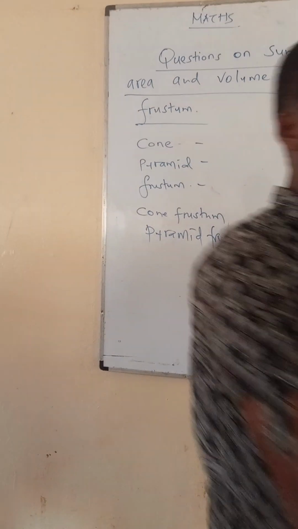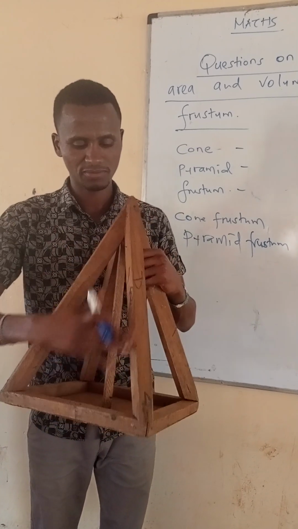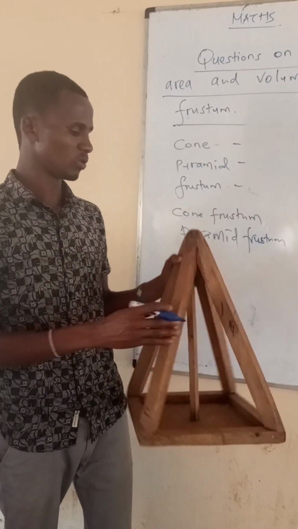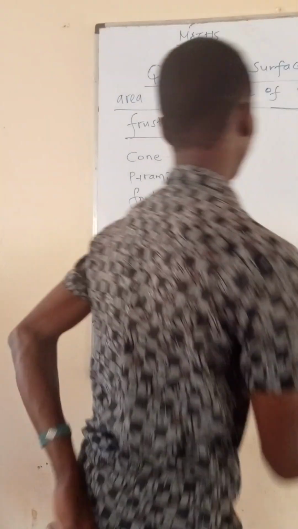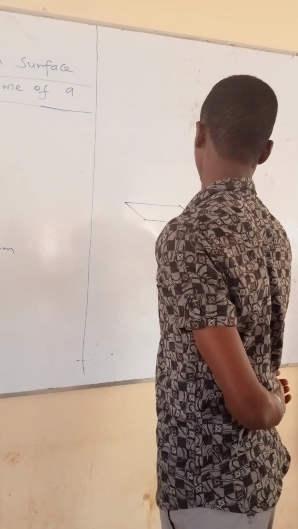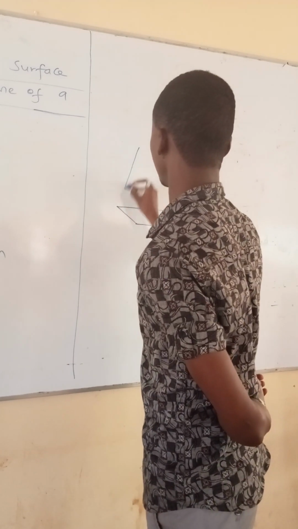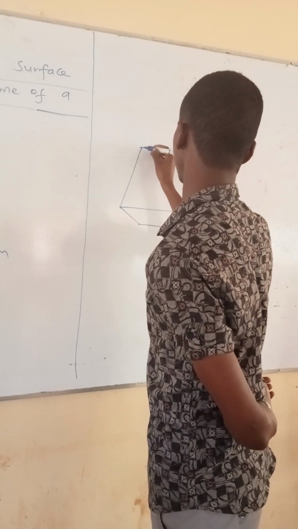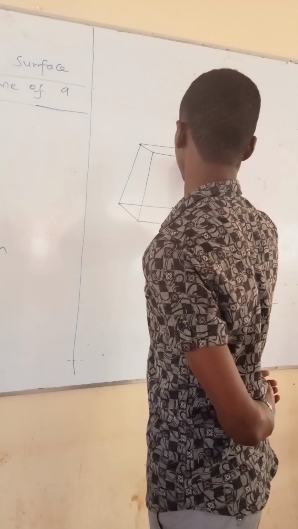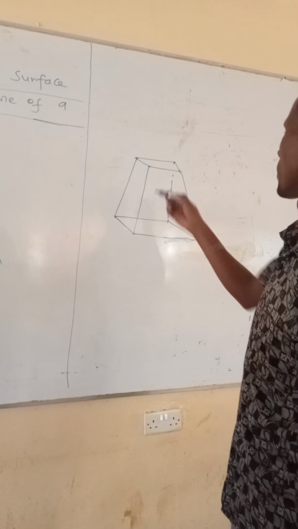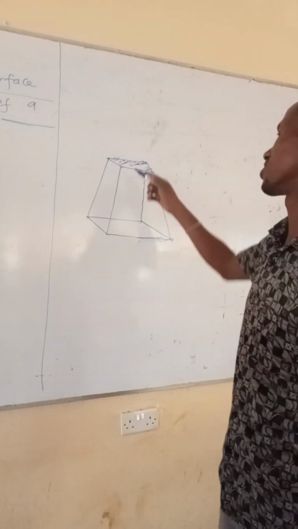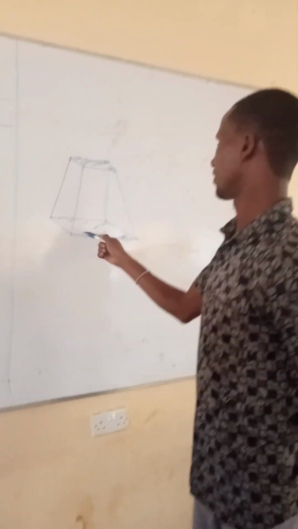For example, if you cut this pyramid along this line here, you get a solid that looks like this, whereby on top you also have another surface which is rectangular or can be square, just like the base. So this is what is called a frustum.